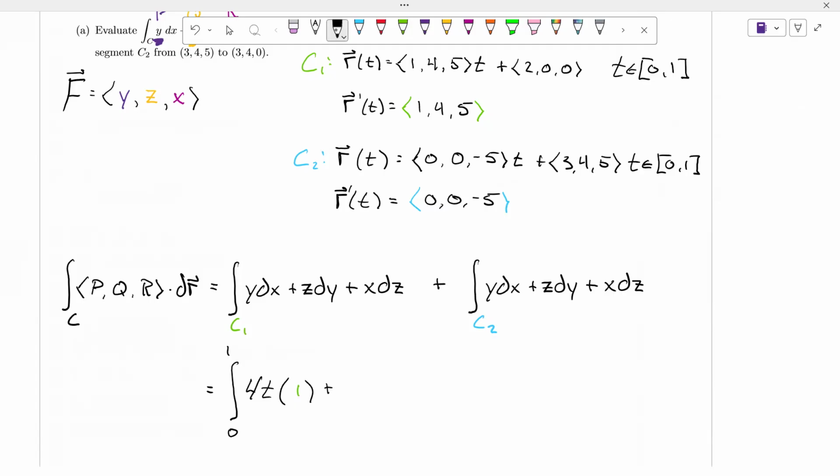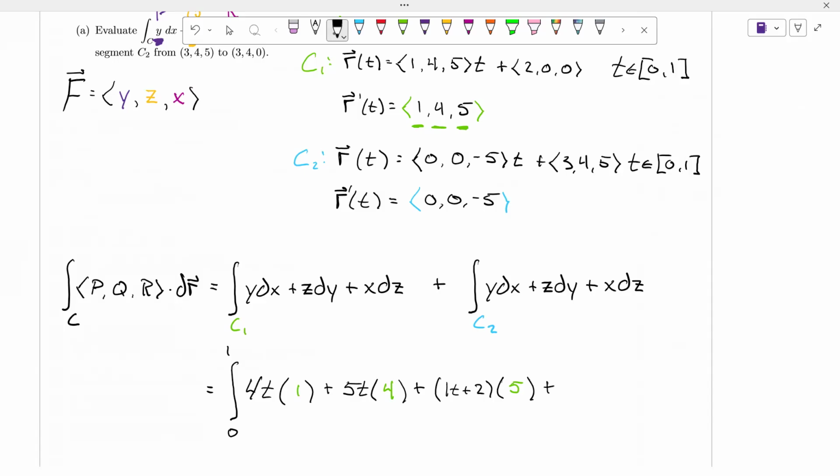Plus, I need a z value, which is 5t, times dy, which is 4. I'm pulling that from a 1 right here and a 4 right there. Plus I have an x value, which looks like it's t plus 2, times dz, which is 5. So that's the green curve.